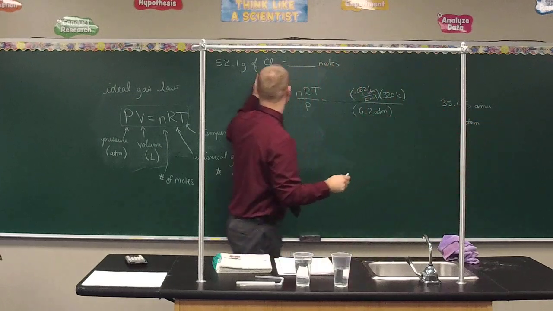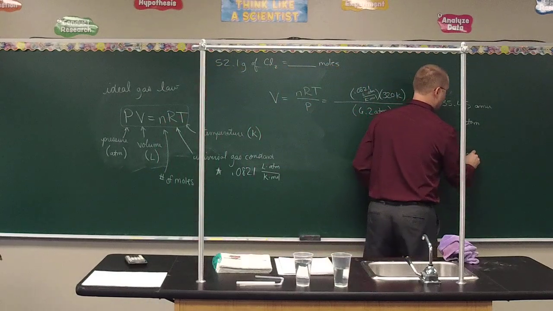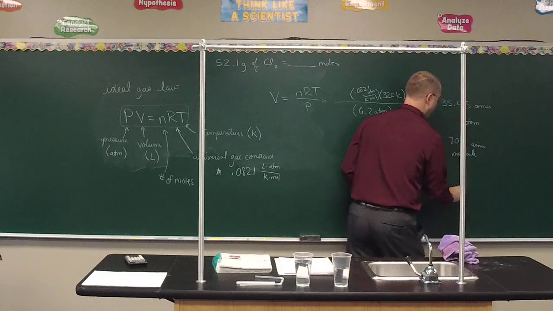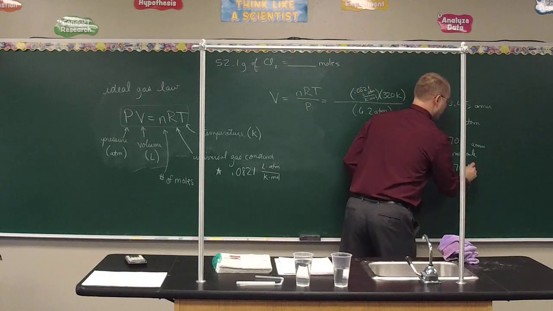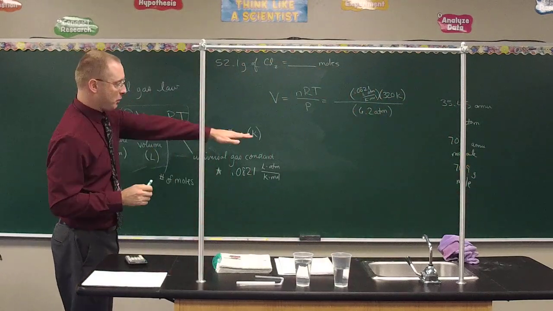But Cl2 has 2 atoms. So what's a molecule? 70.9 AMUs. Okay, so what's a mole? 70.9 grams. Okay, so 1 mole, 70.9 grams.